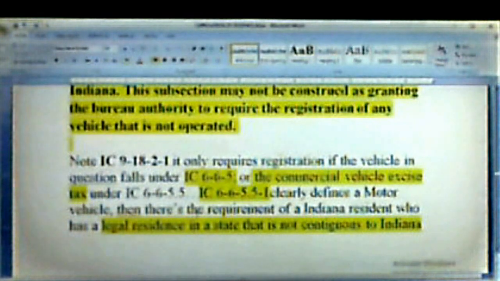And it says there's a requirement of an Indiana resident who has a legal residence in a state that is not contiguous to Indiana. In other words, there's some other state involved in this deal. You've got another legal address someplace else other than just here. All right?